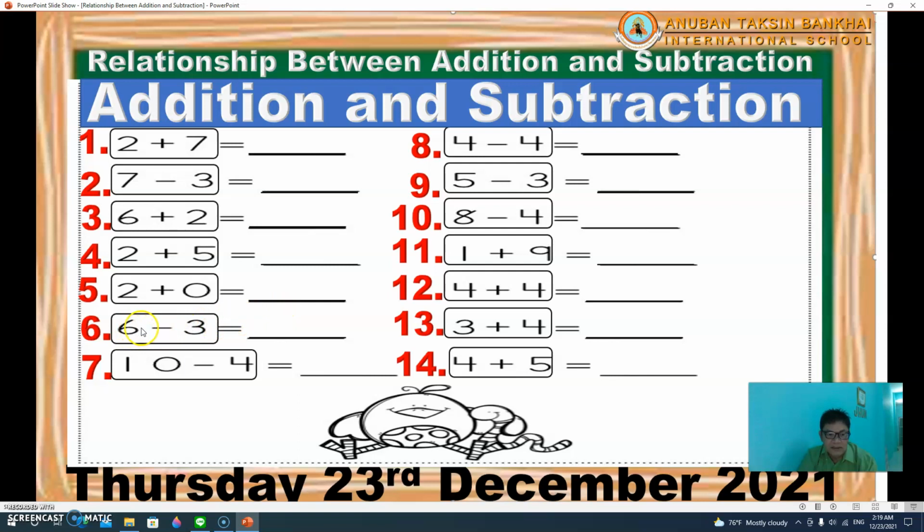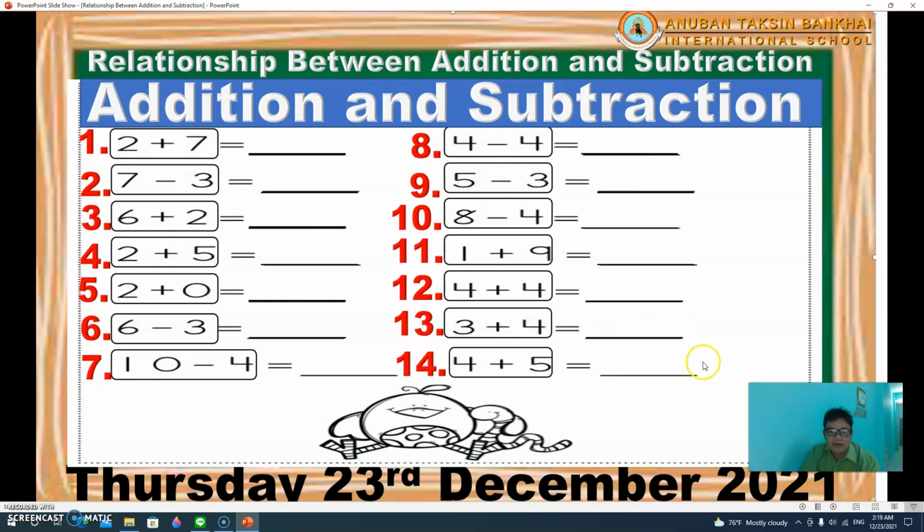Number 6. 6 minus 3 equals 3. 10 minus 4 equals 6. Okay, correct. 4 minus 4 equals 0. Correct. 5 minus 3 equals 2.